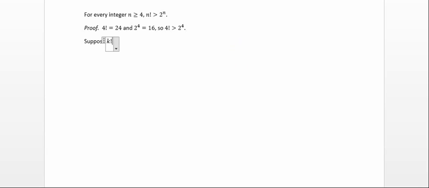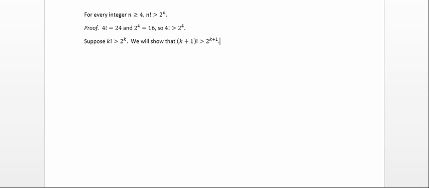Suppose we knew k factorial was bigger than 2 to the k. We're going to use that to show that k plus 1 factorial is bigger than 2 to the k plus 1.